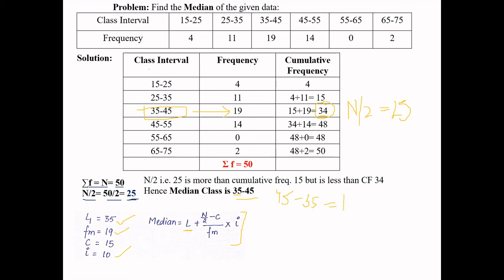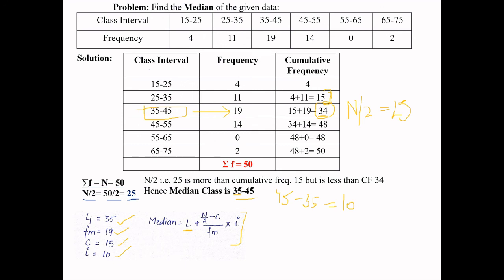So the value of I is 10. Now C. C is the cumulative frequency preceding the median class. So the cumulative frequency preceding the median class is 15. So the value of C is 15.